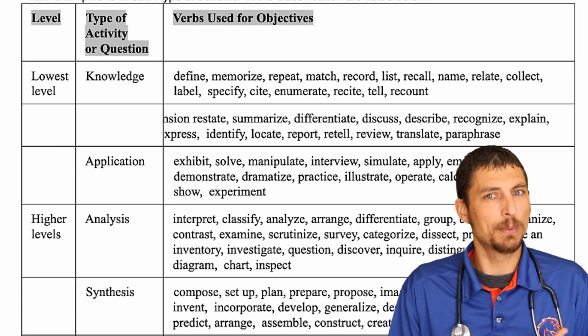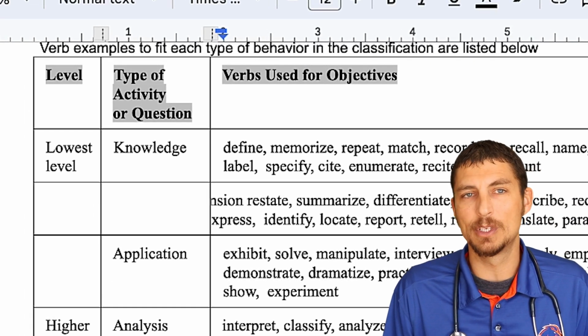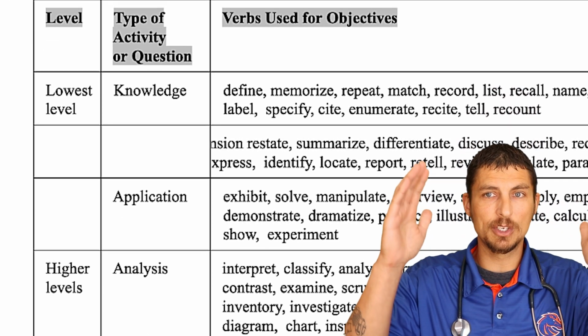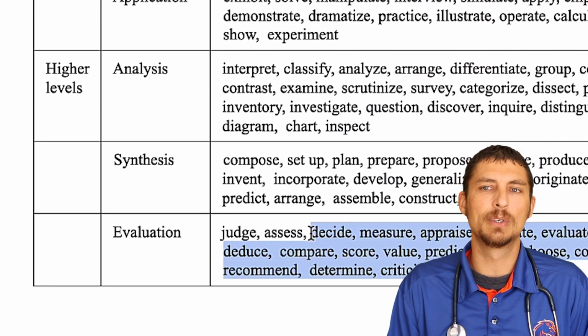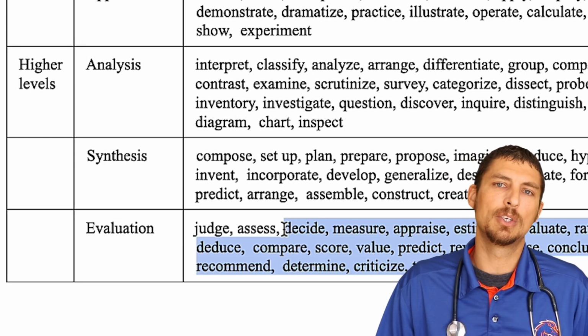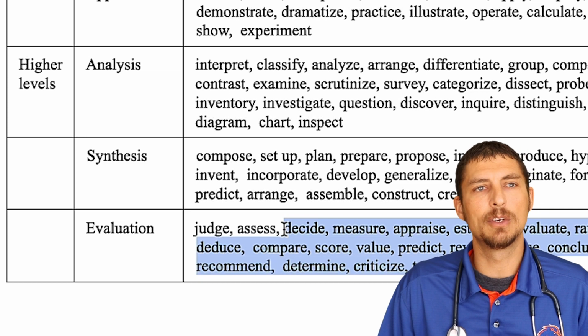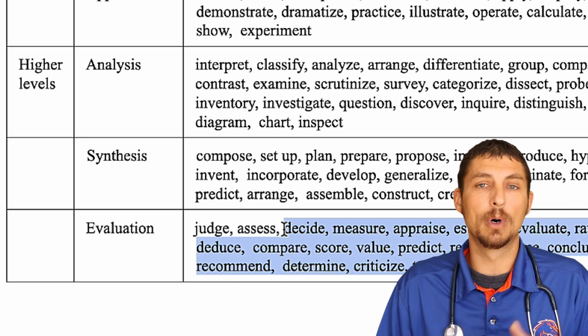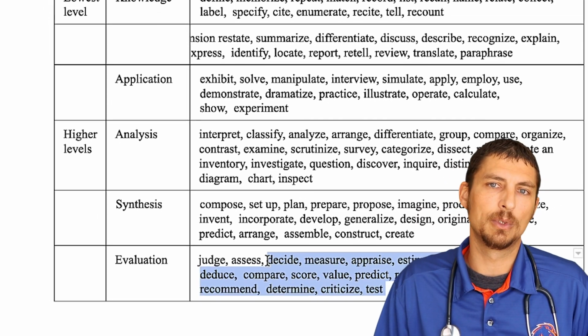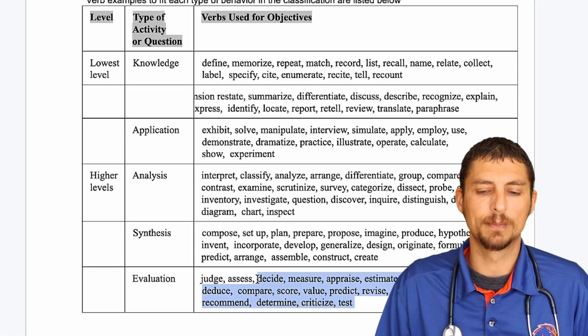At the lower levels, it's pretty easy and pretty straightforward to come up with a documentable and achievable assessment. But as we start getting higher and higher into those levels, it becomes more challenging. And therefore, your skills as a teacher really start to shine because you get to demonstrate how you're going to create this assessment to make sure your students are able to achieve those higher levels of learning.